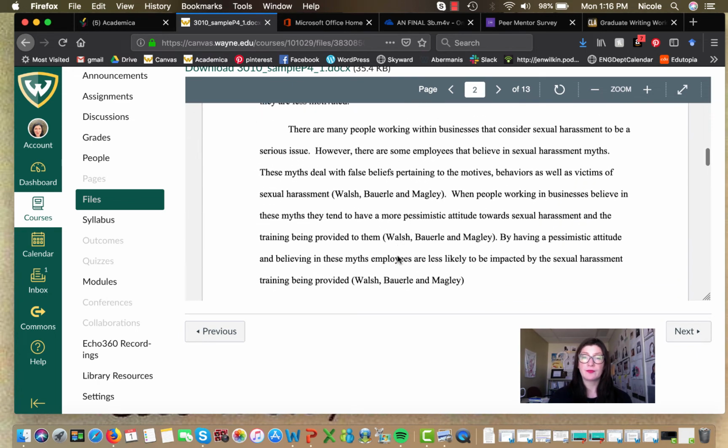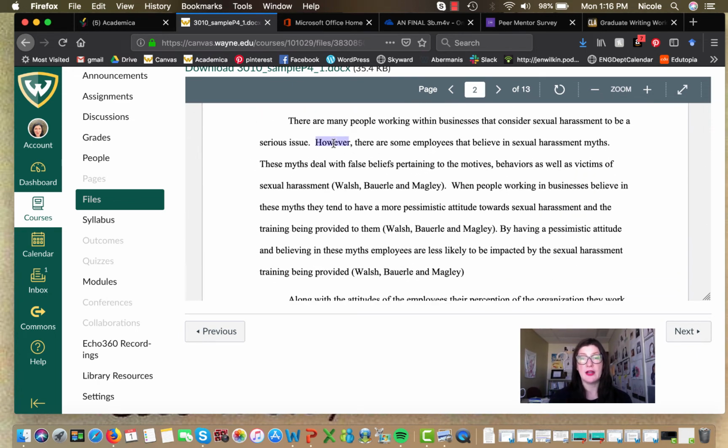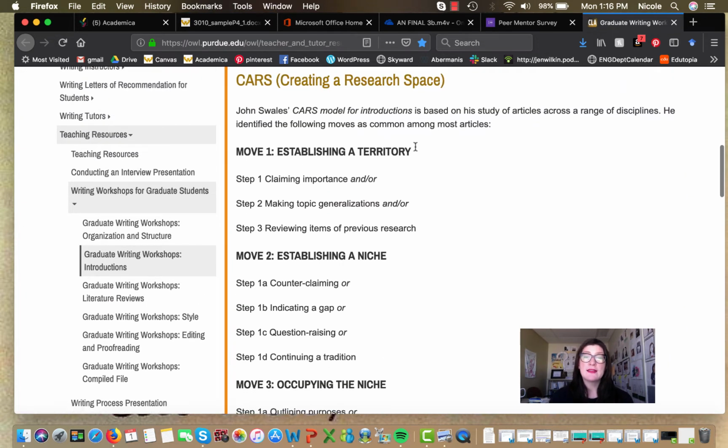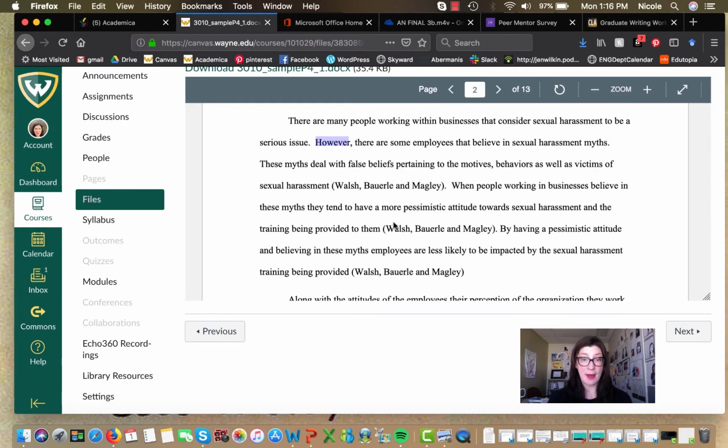Now, there's this key word here, however. So remember we said in creating a research space that after we establish that territory, generalize the topic, and review items in previous research, like this author has done, it's time to establish a niche, to present a counterclaim or a gap.